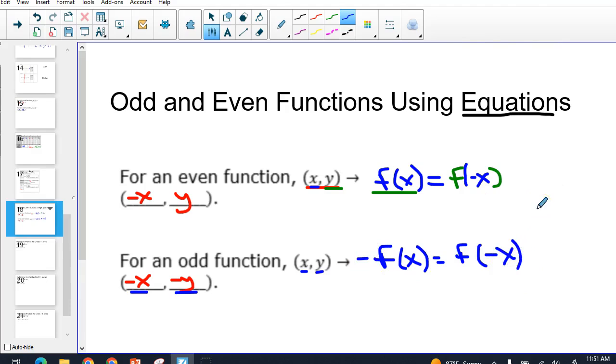So when working with even functions, we have f of x is equal to f of negative x. And for our odd functions, we have negative f of x is equal to f of negative x. All right. Let's see how we can apply this.